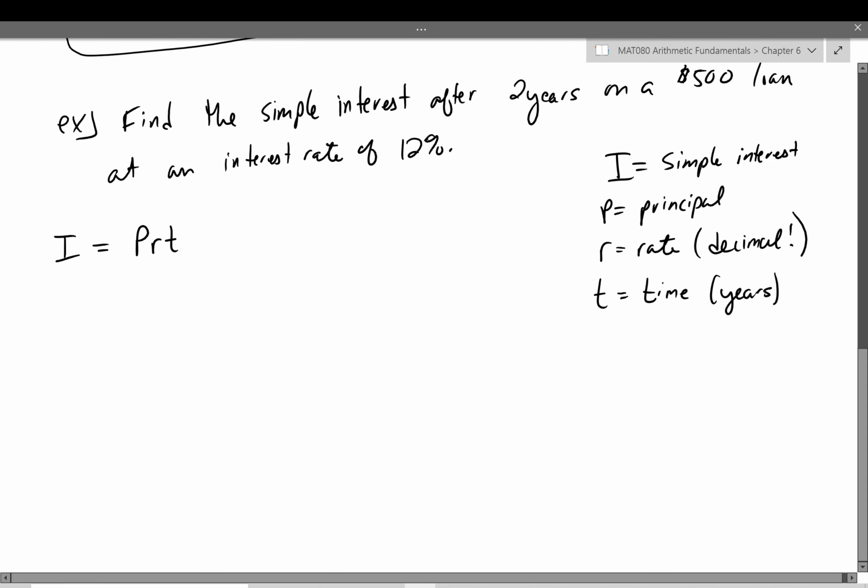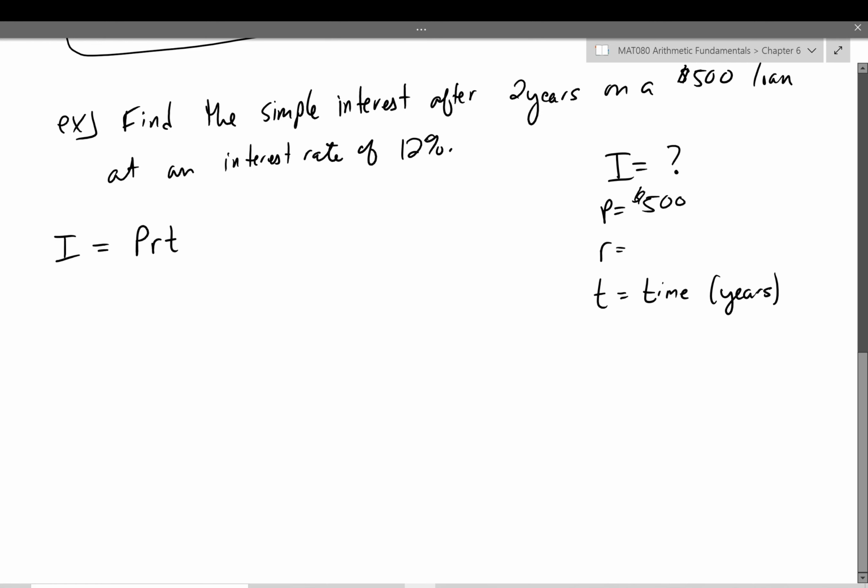Okay? So for us, I is going to be the question mark. That's what we're looking for. Our principal, the amount that we invested, $500. The rate is 12%, but as a decimal, that's going to be 0.12.